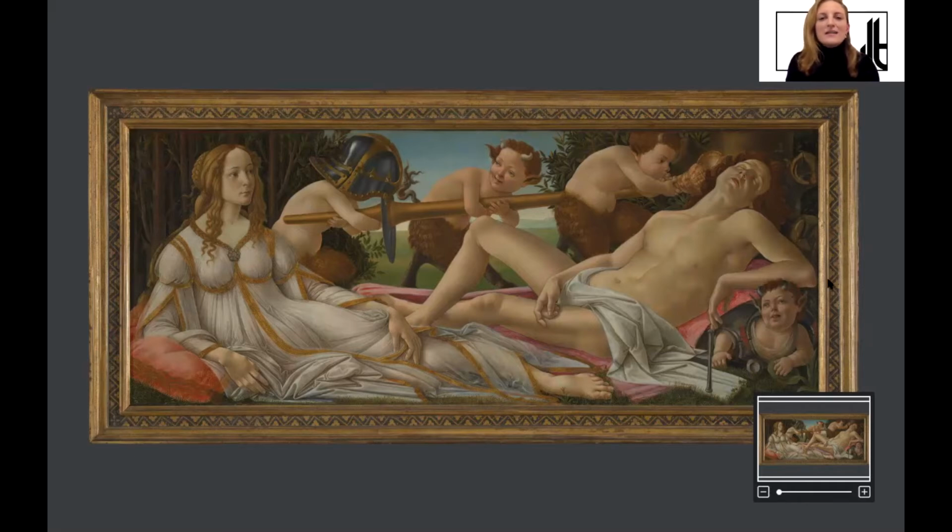And behind him and her, but closest to him, are 4 child satyrs. So we looked at some satyrs last week in our session on pain while we were looking at Titian. These are far more playful satyrs, younger, and they are having a jolly good time.